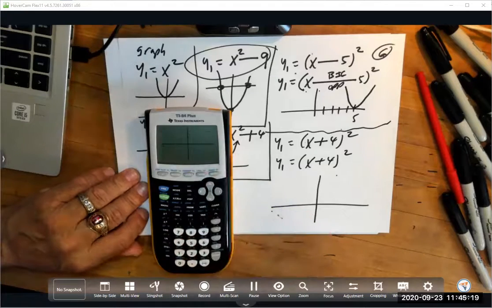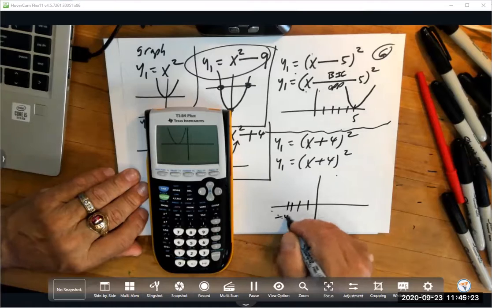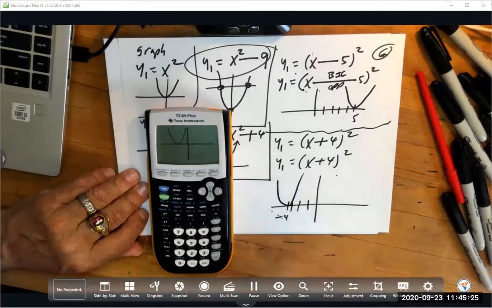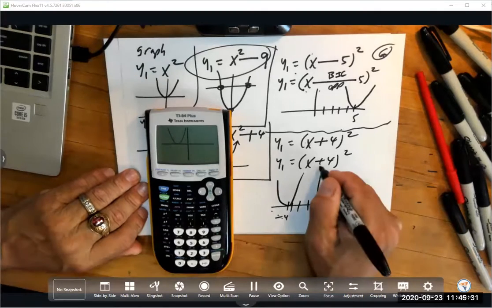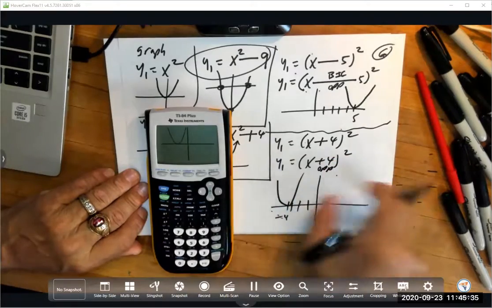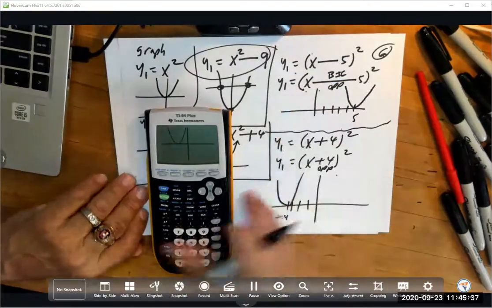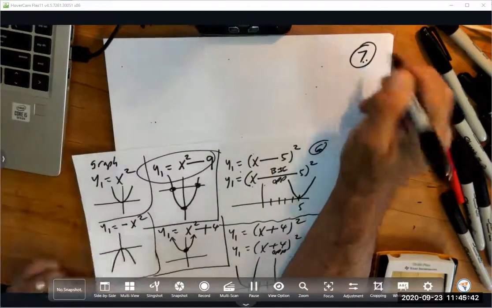That looks good. I got 1, 2, 3, 4. Looks like it's over here somewhere now. Y'all get something like that? Yeah. So you push to the left. The opposite is this number here. I said, don't worry about these numbers. You just put it in the calculator, let the machine move it around. Okay. All right. So now that you know how to do that one, number 7.